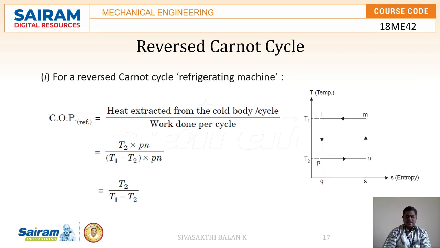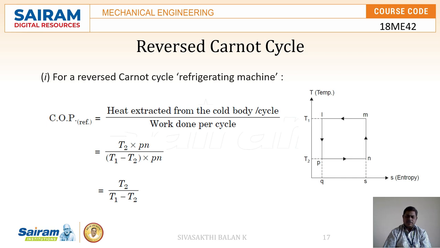Now let us see when the reverse Carnot cycle works as a refrigerating machine. The COP of the reverse Carnot refrigeration system is nothing but the ratio between the heat extracted from the cold body per cycle to the work done per cycle. Using the same principle which we explained in the previous slide, the heat extraction from the cold body is T2 into PN and the work done per cycle is the product of T1 minus T2 and PN.